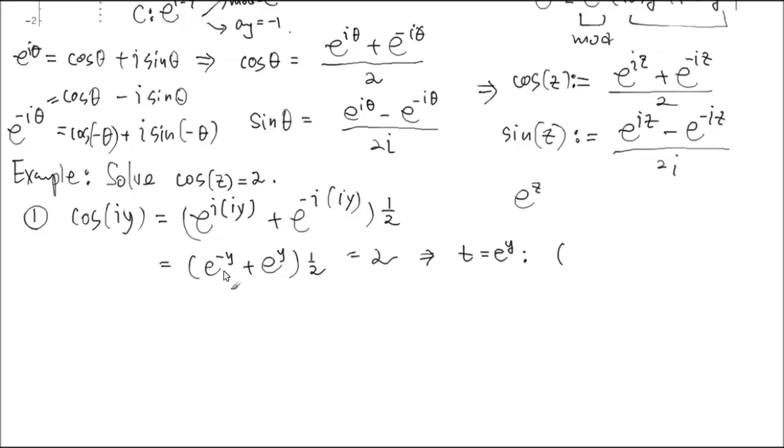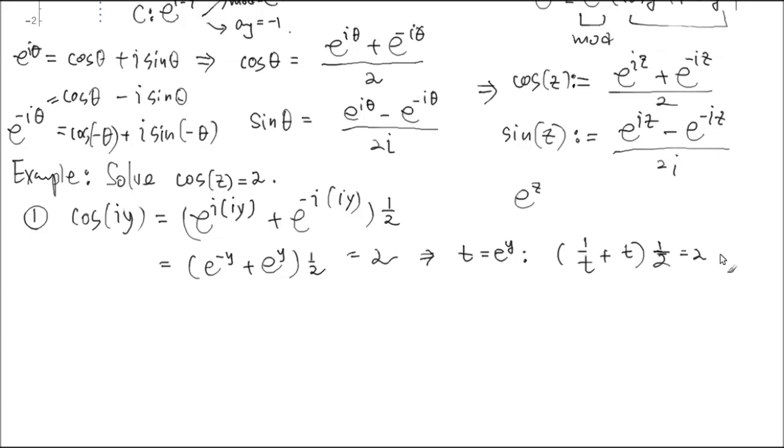What's a good name for the first term in there? 1 over t, right? Reciprocal, 1 over t. Plus t, times 1/2, equals 2. Do you think you can handle this equation? Yes, it's a quadratic equation if you multiply t on both sides. And you can solve it, right?